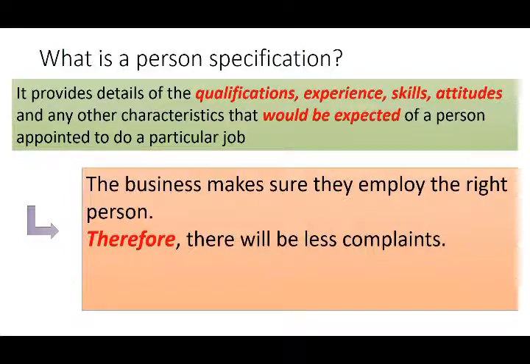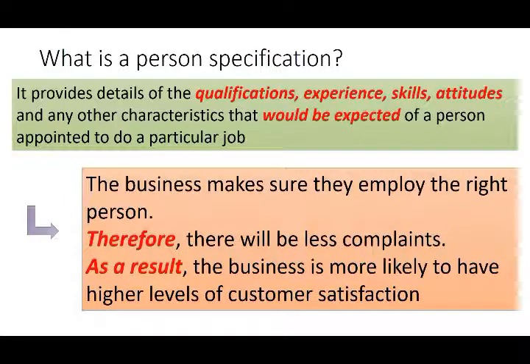As a result, the business is more likely to have high levels of customer satisfaction. This is an example of a 3-mark question, an explain question, like explain one advantage of a business using a person specification. Yes? 1 mark, 2nd mark, 3rd mark.